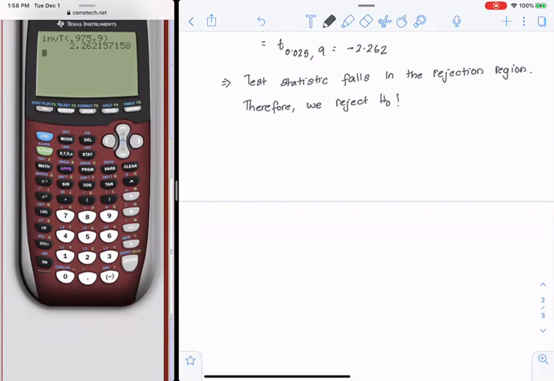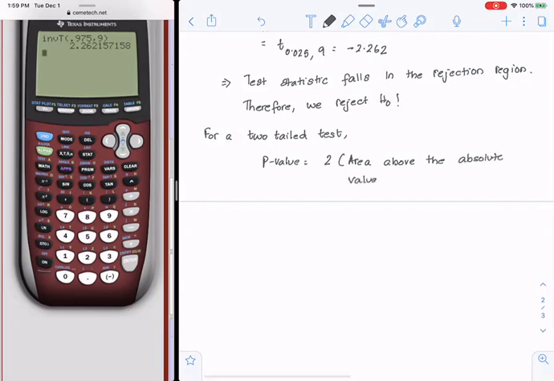So for a two-tailed test, the p-value is 2 times the area above the absolute value of the test statistic.